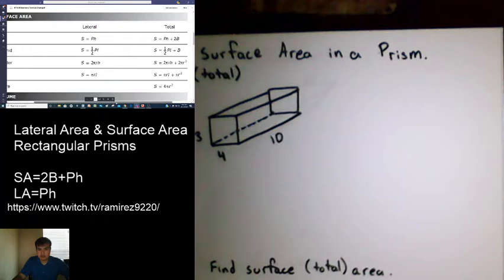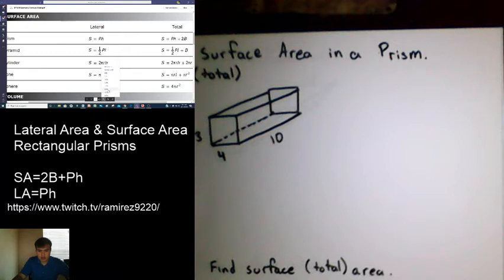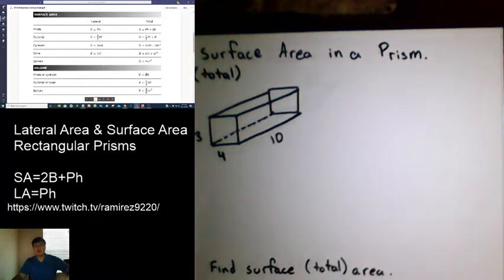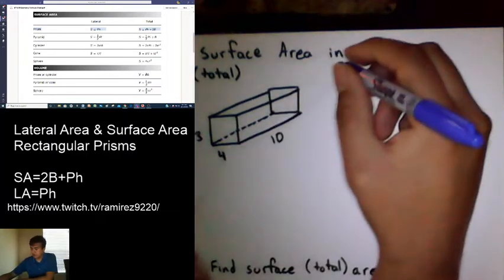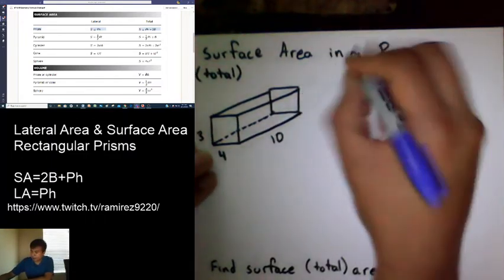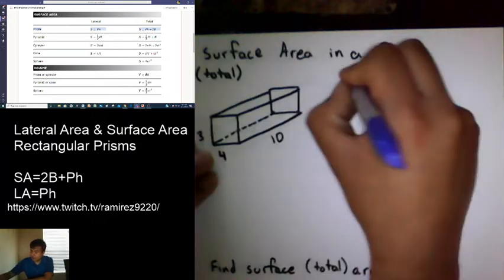Maybe that was zoomed in a little too much. All right, so obviously we're talking about prisms, and you see how in prisms the lateral surface area is just perimeter times height, and the total surface area is perimeter times height plus 2B. As you see on the little screen, I'm going to write it here, and instead of S, I'm going to put LA.